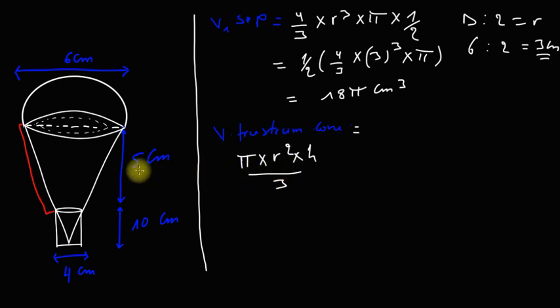This is the volume of the large cone, and subtract the volume of the small cone, which is also pi times radius squared times height, divided by 3. Let's substitute the values into this formula.